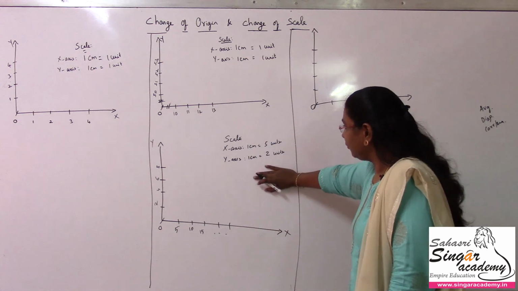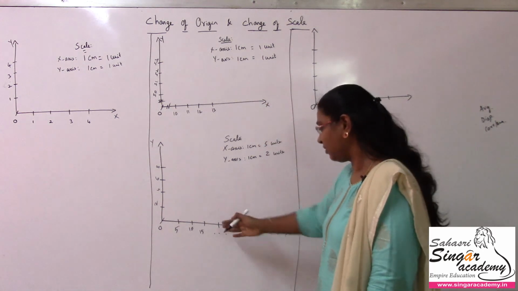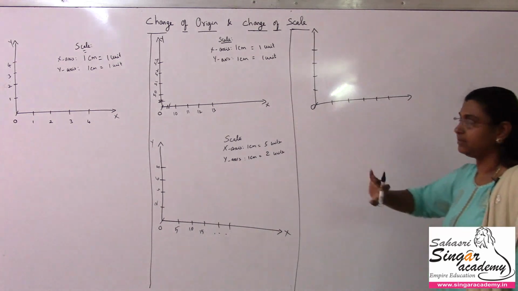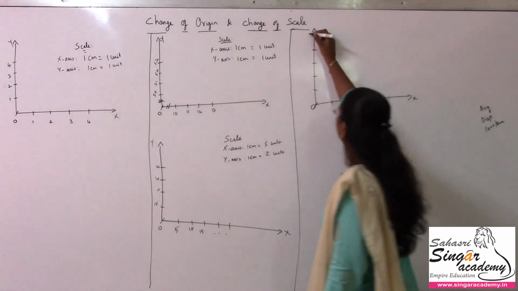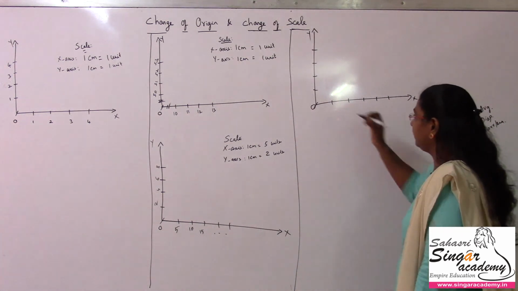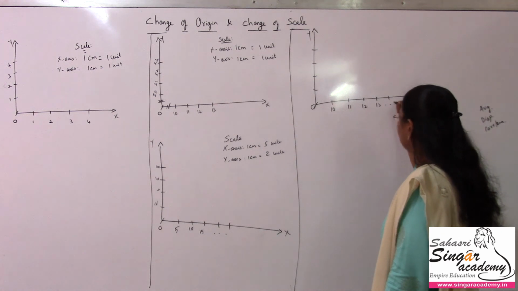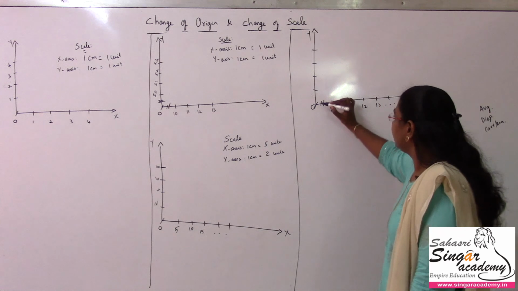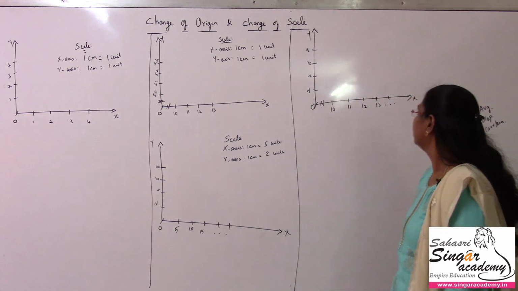Now at this graph, you may be finding a small difference in presenting the scale. Koncha difference irukku because of this values, right? Let me go here. Again, before giving the explanation, let me go here and fit the values with a different combination. X-axis, y-axis. Let me take this value as 10, 11, 12, 13, so on. So 0 to 9 is not necessary. Here let me take it as 2, 4, 6, 8, so on, right?